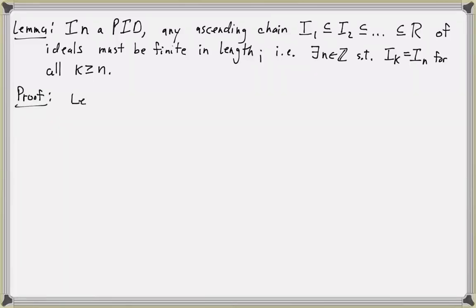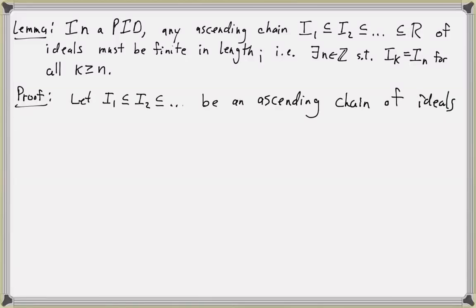So let's suppose we have this chain of ascending ideals. So let I1 be contained in I2, and so on. And let's assume R is a PID.